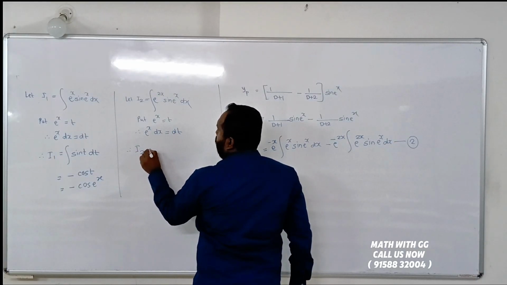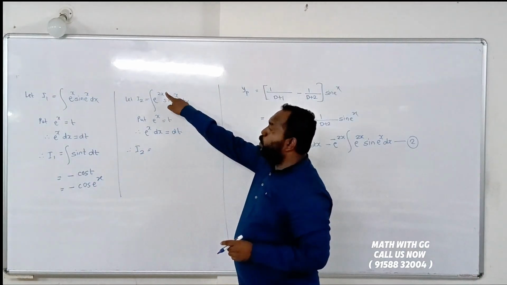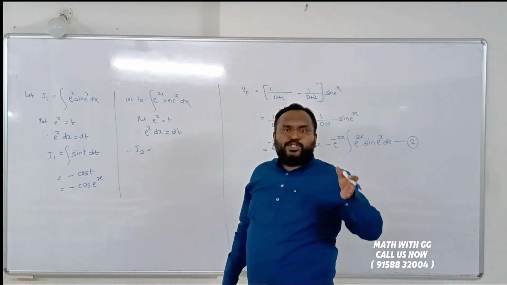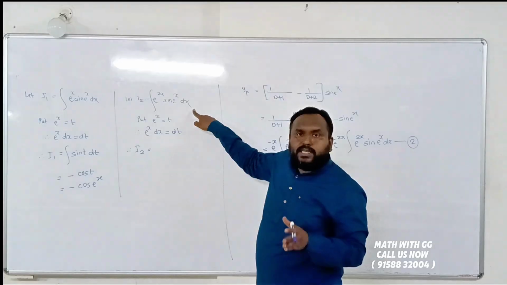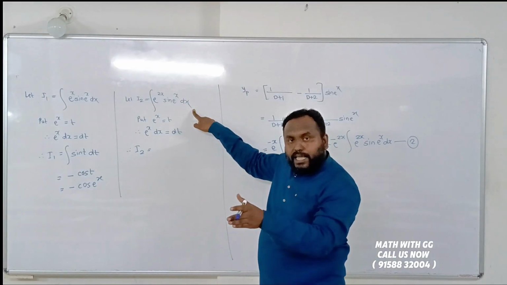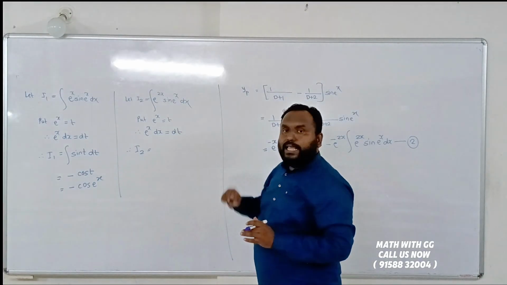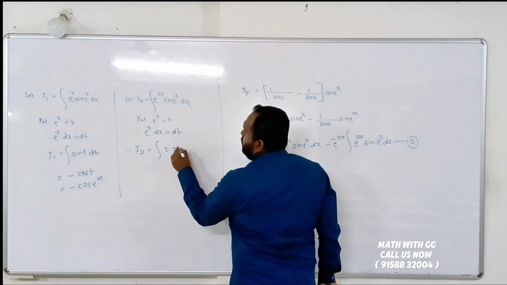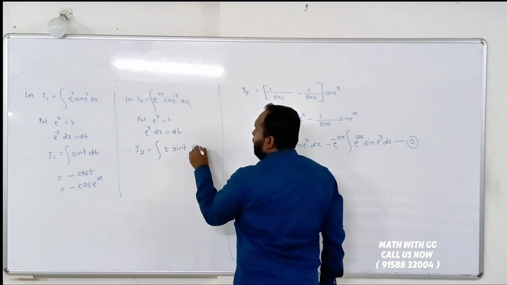Now, if you observe the term e raised to 2x, it can be split into two parts, e raised to x into e raised to x, and one e raised to x dx can be replaced by dt, and one e raised to x will be replaced by t. Hence, we get I2 is equal to integration t sin t dt.